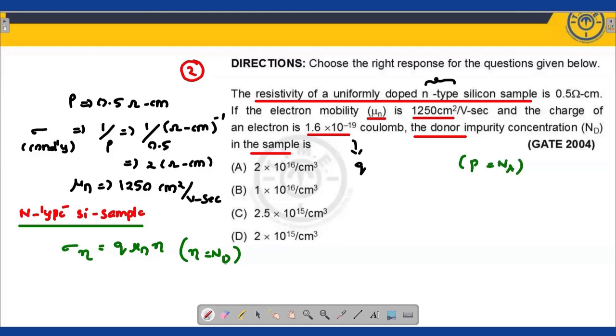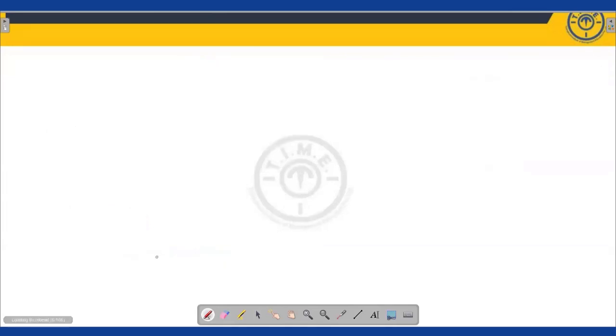In N-type, d stands for donor and N stands for concentration. I am representing this formula again.